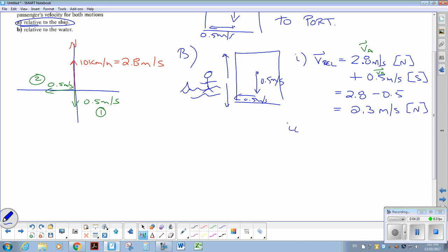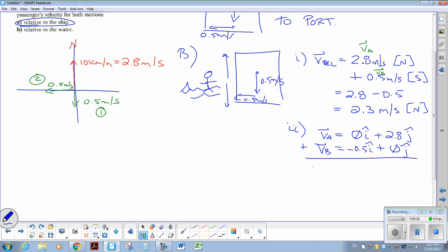The second one, now she's moving out of plane, so it's no longer one-dimensional, it's now two-dimensional. So what I have to do is my stacked addition. Velocity of the boat. Velocity of the boat is not moving left or right. Plus, because it's two-dimensional, I'm treating it like a vector, plus 2.8 j heading up north. Plus, how is she walking? She's walking left or west, so negative 0.5 i, but she's not moving north or south, so it'd be 0.